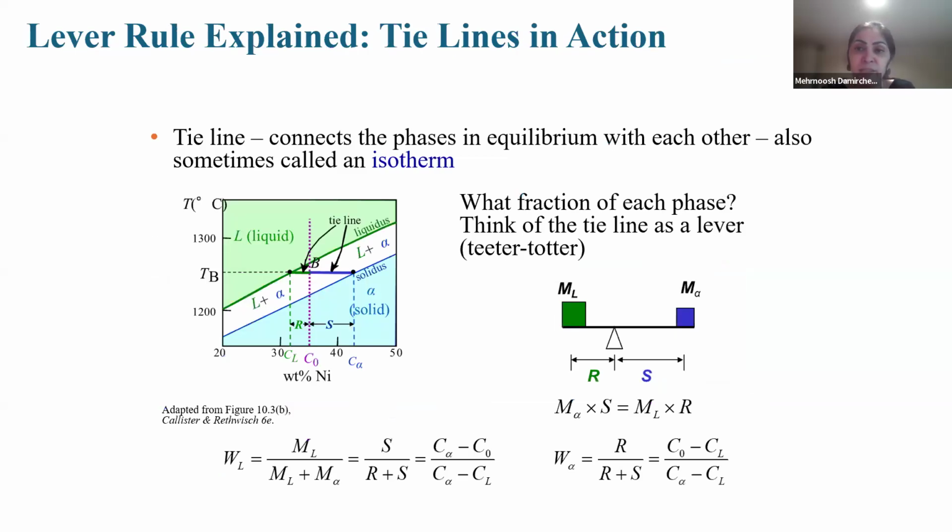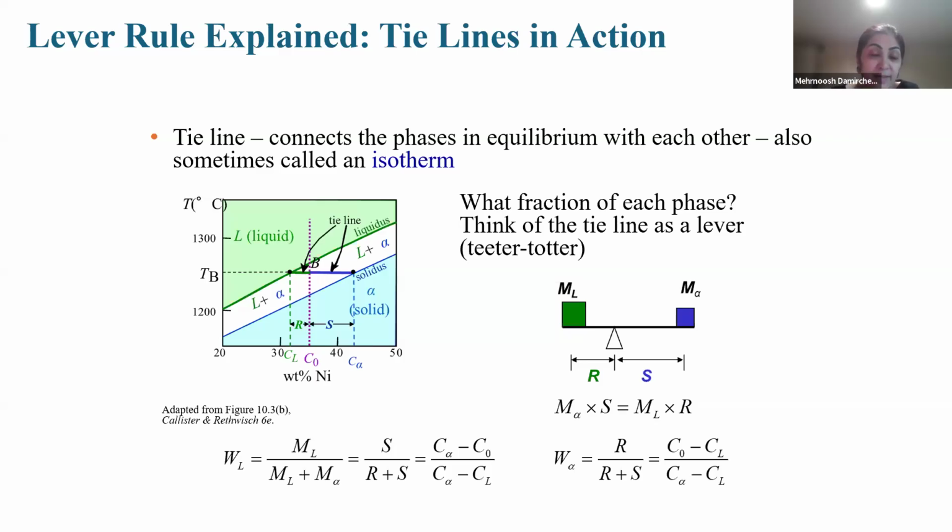Okay. This slide explains the lever rule again, which helps determine the weight fractions of each phase in a two-phase alloy. In this phase diagram, a tie line that is horizontal, as I explained in the previous slide, at a given temperature connects the compositions of the liquid and solid phases in equilibrium.